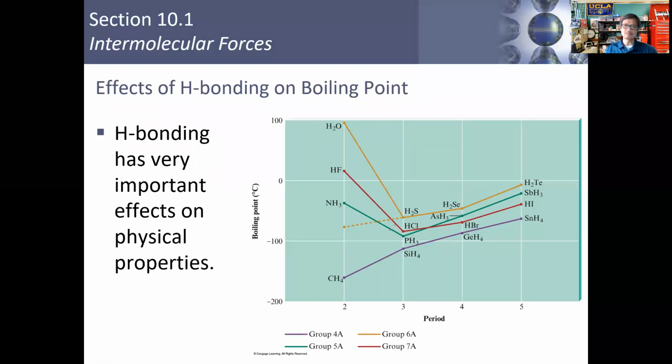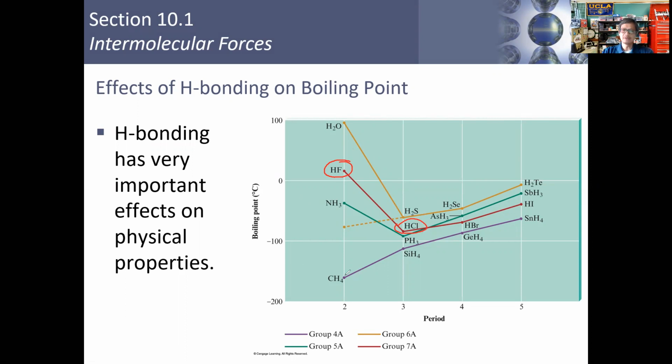I've seen it asked before, not quite in the way that I'm asking now. If both of these hydrogen bond, why is the boiling point of hydrogen fluoride so much greater than hydrogen chloride? They're both capable of hydrogen bonding. What's the key difference there that causes that jump? That's something you want to make sure you keep in mind.